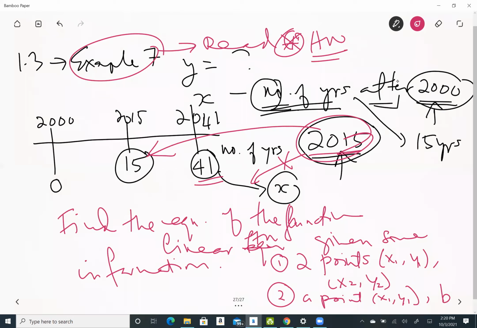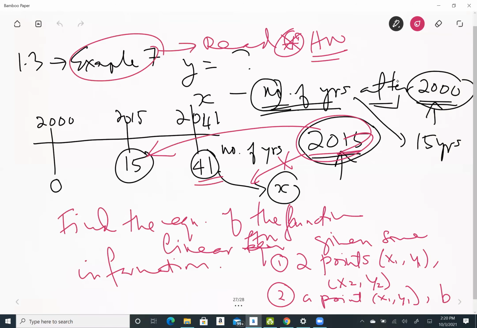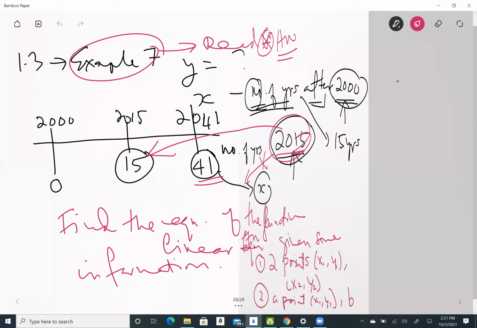For number 2, it can also be the other way around: we are given a point, and we are given a slope.